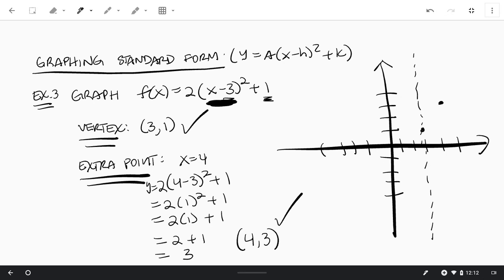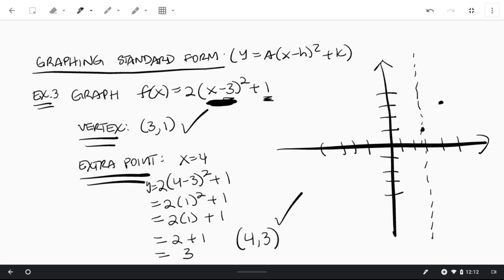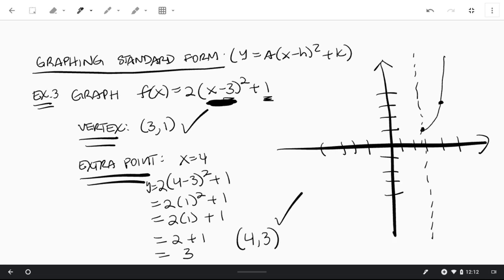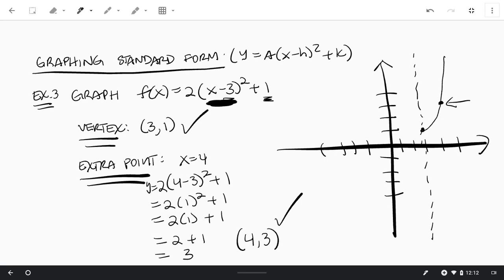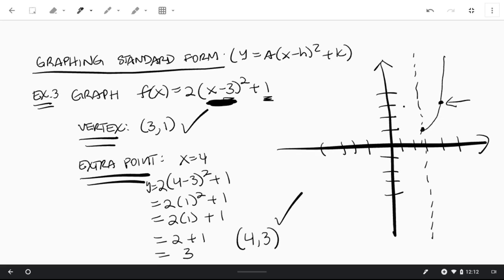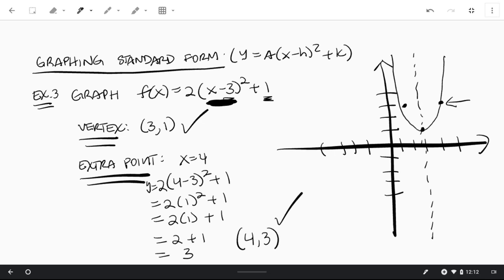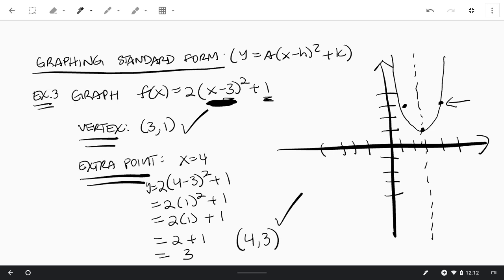I have my extra point. So I see I have half of my parabola now, and I get the other half by symmetry. If this point is 1 away from the axis of symmetry, then I will have another point on the other side, 1 unit away from the line of symmetry. And you get the other half of your parabola.